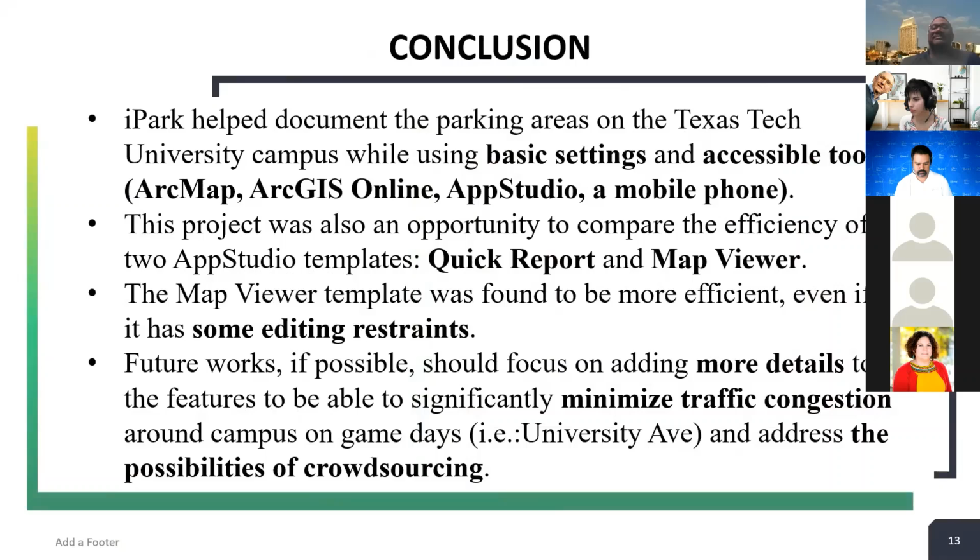So Map Viewer is the best if you have a project that needs polygons and polylines. The issue about Map Viewer is that it doesn't allow editing after you upload the map and information and the app on App Studio.